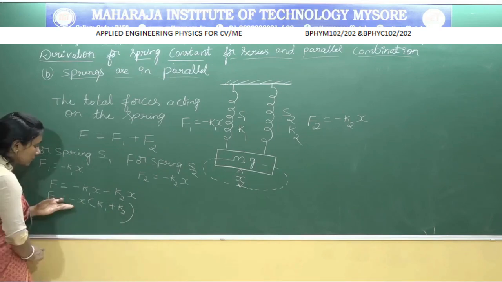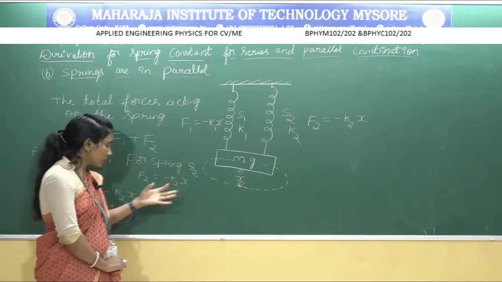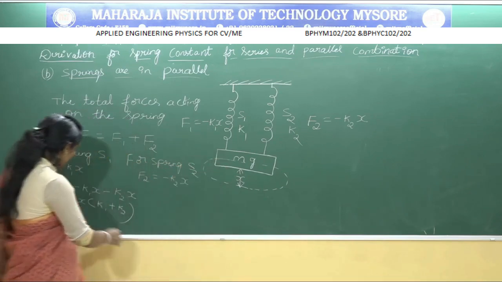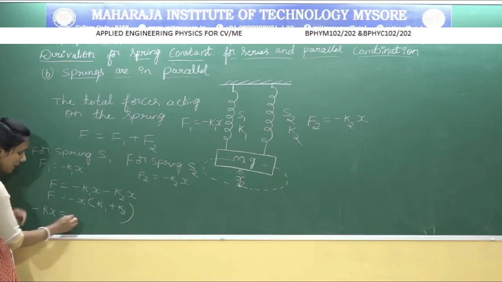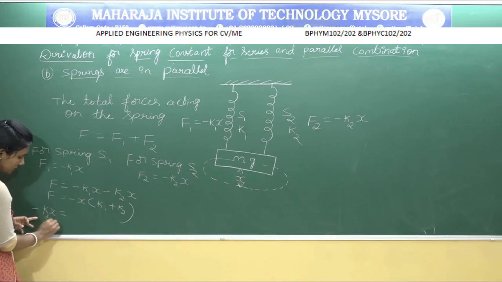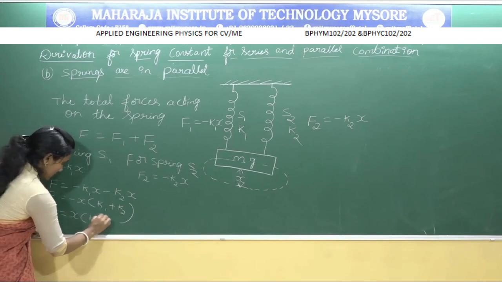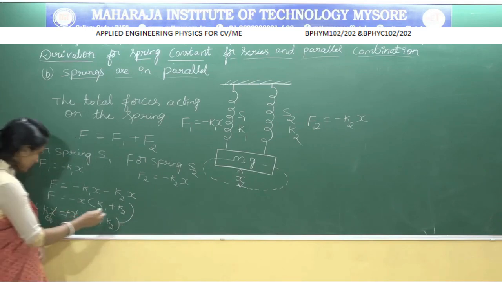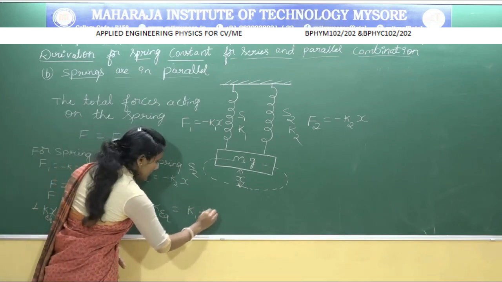So when the two springs are considered, what is the equivalent? For the general case, on the left-hand side we get minus K equivalent x, which is equal to minus x into K1 plus K2. The x gets cancelled and the minus also gets cancelled. So K equivalent is equal to K1 plus K2.